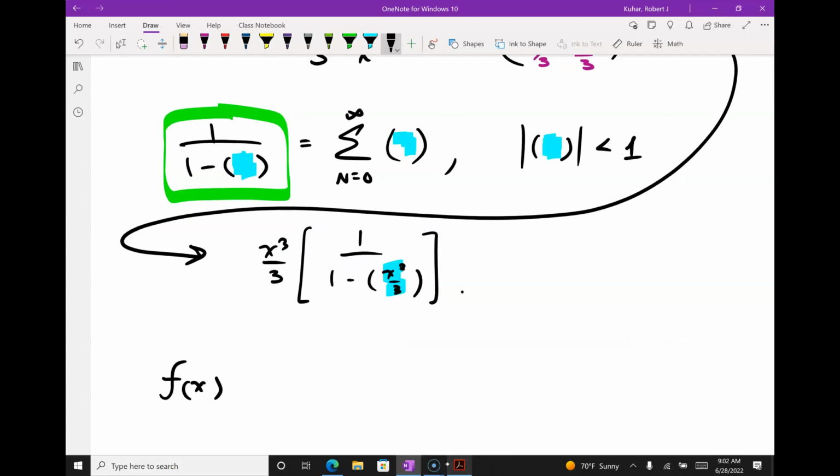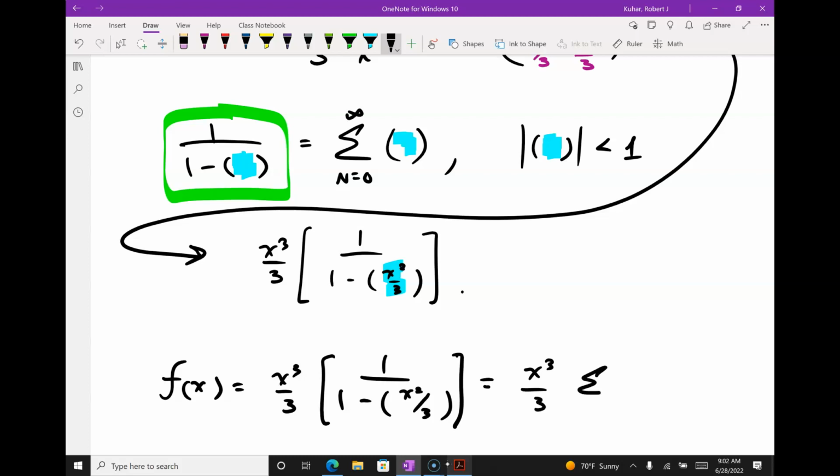So f of x is equal to x cubed over 3. Right, I'm just repeating this, sorry. But I want it in the series. I want it to be x cubed over 3 times the series of n equals 0 to infinity of x squared over 3 to the n. Oh, I forgot the n here, right?